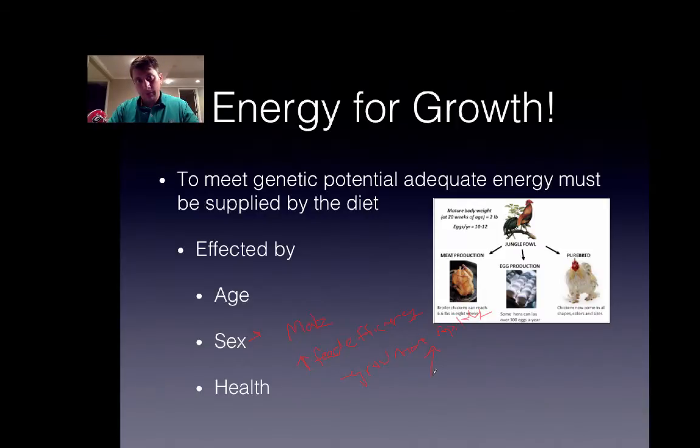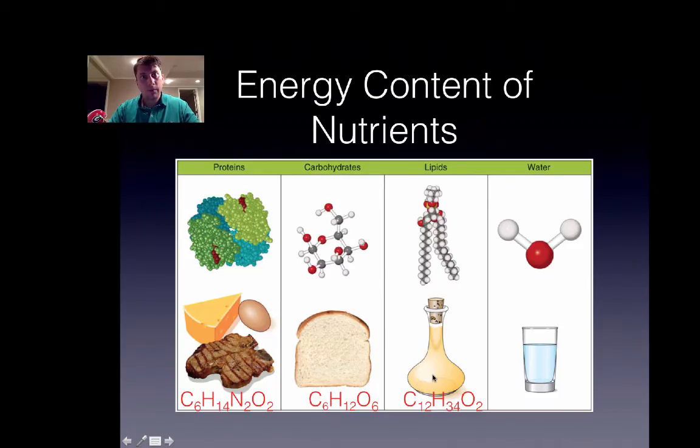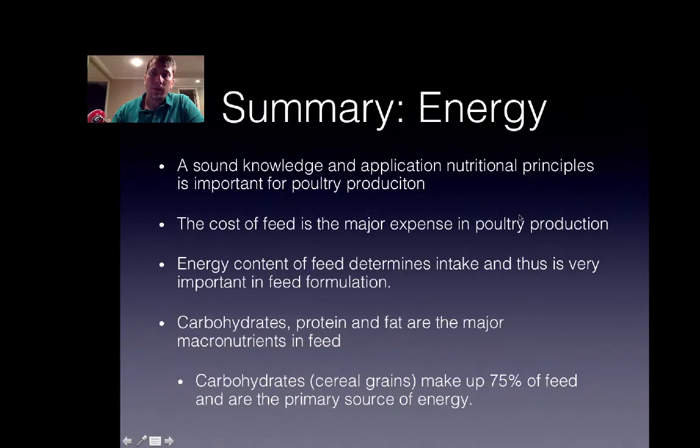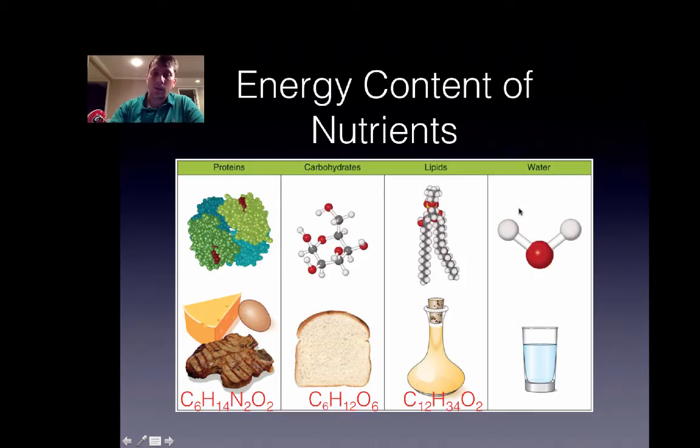Now, so we've talked about the nutrients. Let's look at the components of nutrients and the macromolecules that we're going to look at in little mini lectures. And so those include protein, carbohydrates, lipids, and then water is also considered a nutrient.